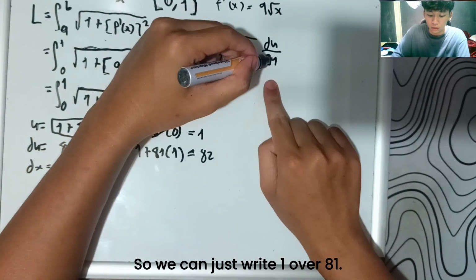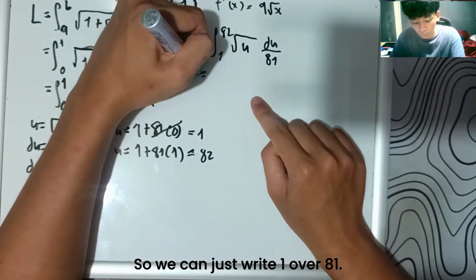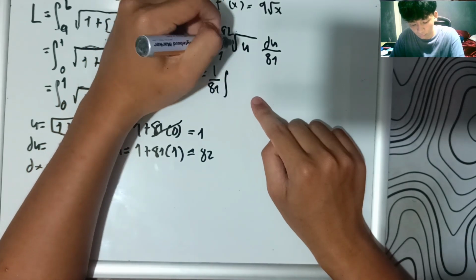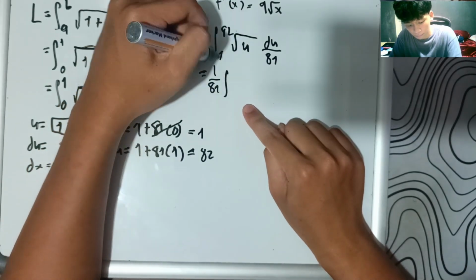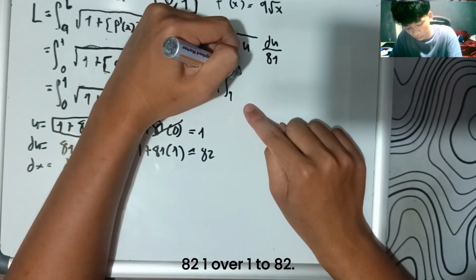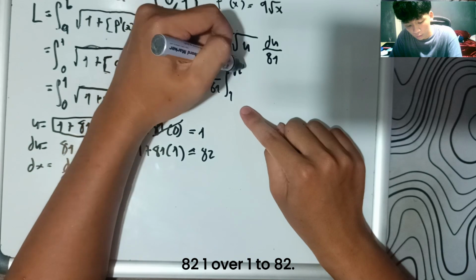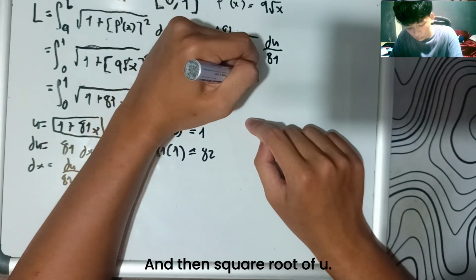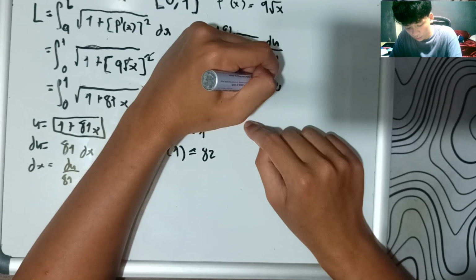So we can just write 1 over 81 outside, the integral from 1 to 82 of square root of u du.